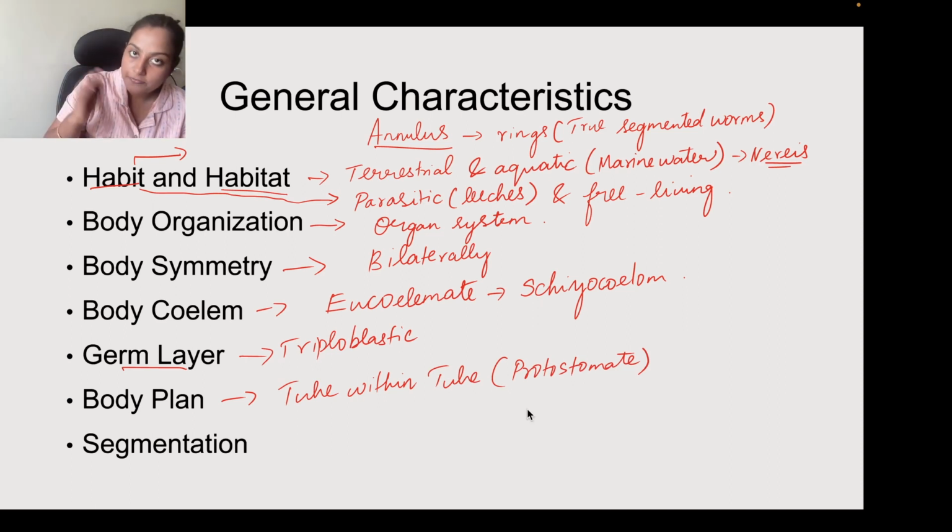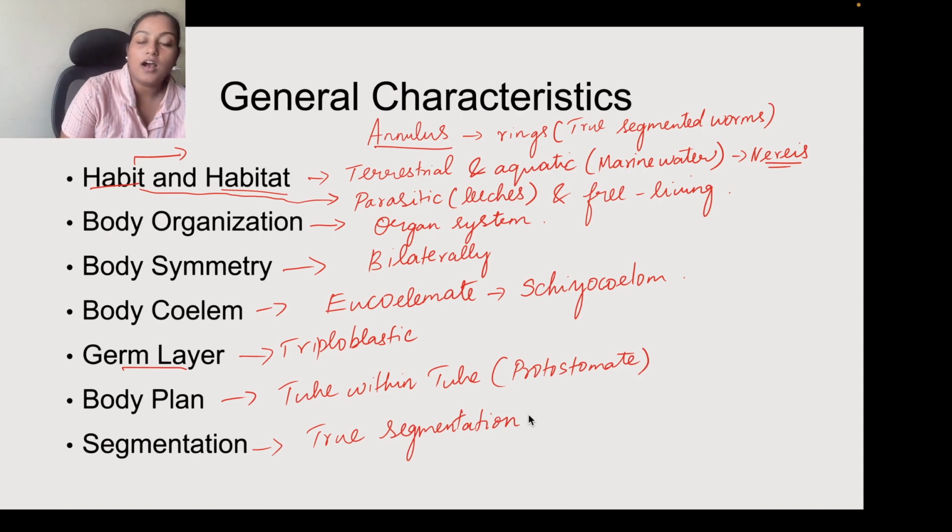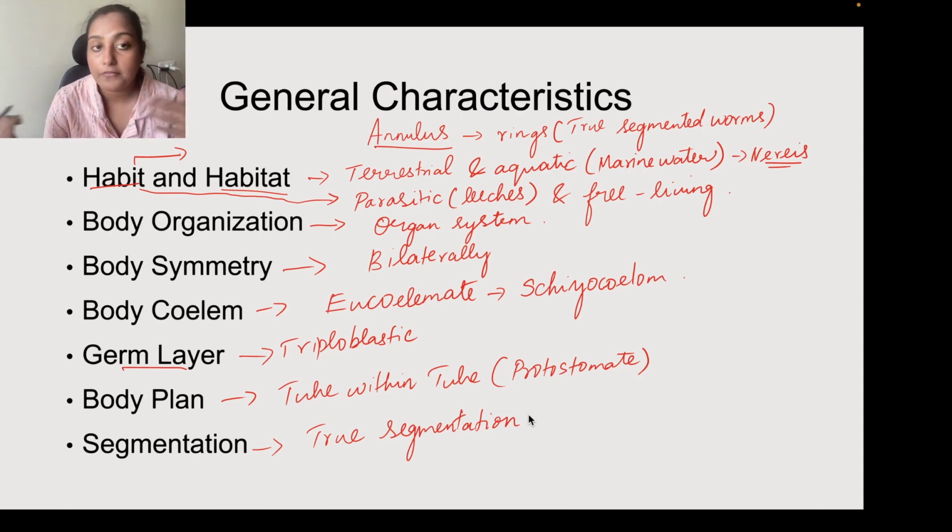The mouth forms first and then later the anus formation. And then segmentation, of course, true segmentation. See how easy it is when we learn first the general characters and then the typical characters. So it becomes super easy, right? So come on, quickly note it down, and then we will move on to the typical characters and then the examples.